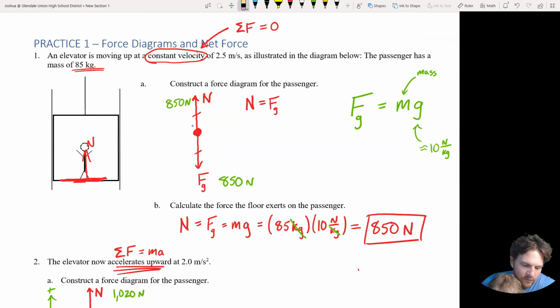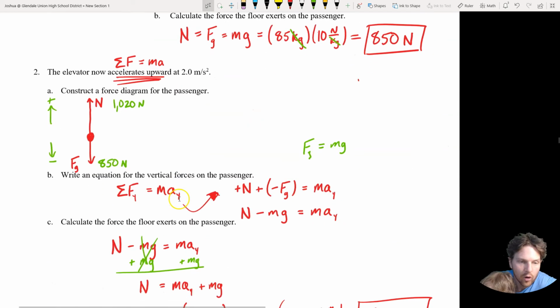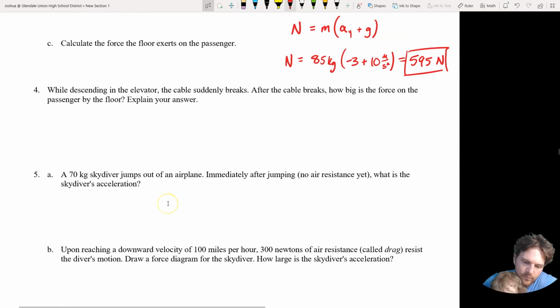So if all of a sudden this cable breaks and that cable snaps and it's gone, that means this floor that was holding the person up and exerting that normal force upward on the person is now gone, which means the normal force is now gone. So the normal force, the force of the floor on the person, is going to now be 0 newtons.